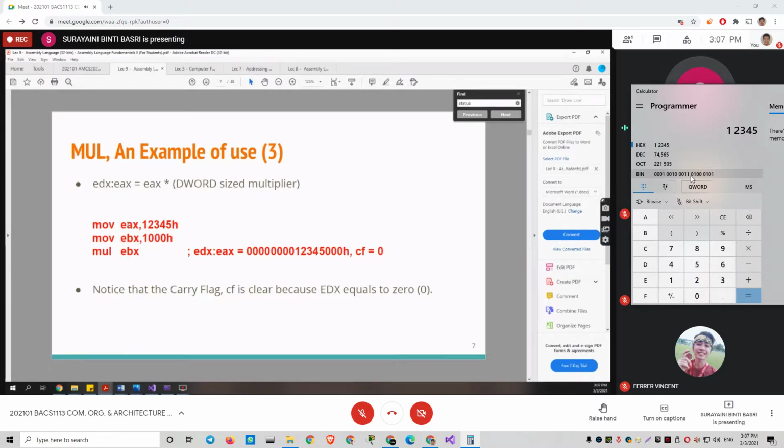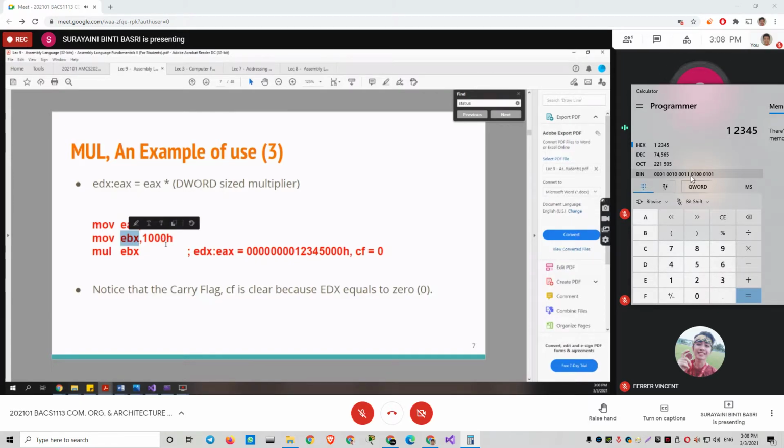First we need to fill in the EAX register, because the formula is like that. We need to multiply any multiplier with EAX, so we need to fill in EAX first. After that, we need to fill in the value in EBX or any DWORD size multiplier. In this case, it used EBX.